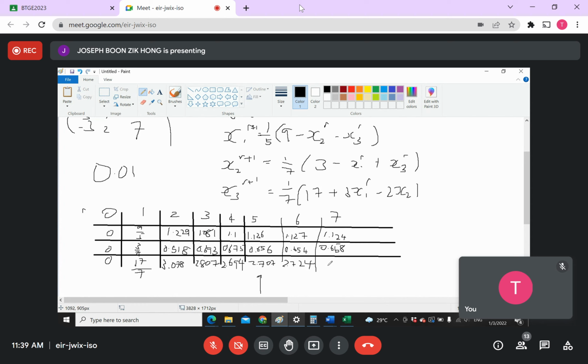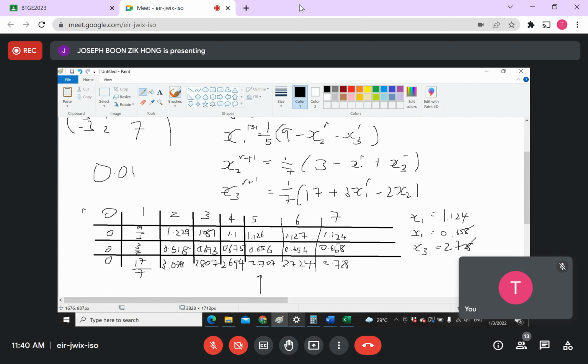This one I get 2.728. Okay, so I will stop here, because the 0.01 is fulfilled already. So that means my x1 will be 1.124, my x2, according to the Jacobi method, 0.658, and x3 will be 2.728.